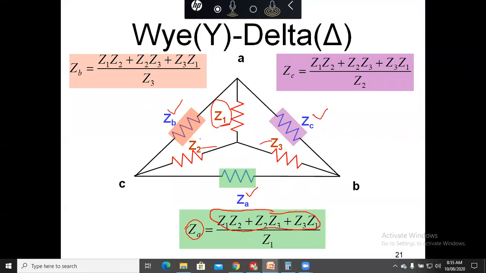It will remain the same all the time. So we will divide with the opposite impedance. The opposite impedance of ZB is Z3, and for ZC it is Z2, right?